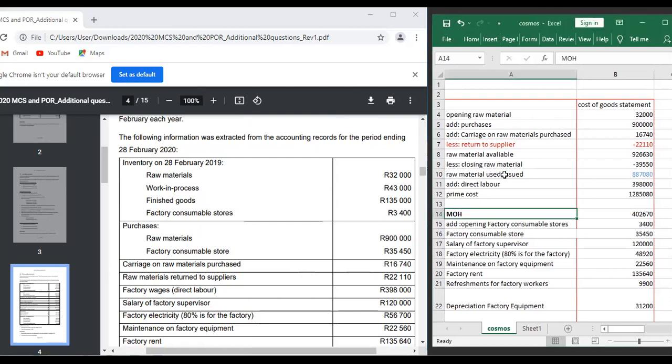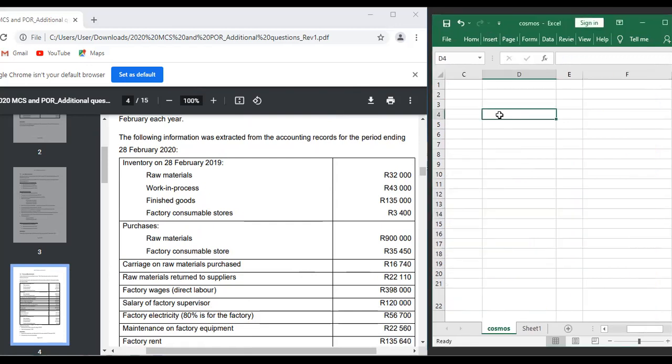They said that 80% of our salary is for the factory. So of these 56,700, this is our 100%.